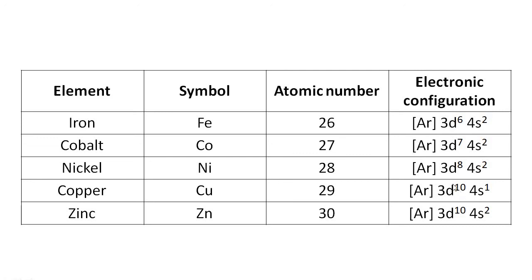That means completely filled orbitals show extra stability. Next, for zinc, atomic number 30, it has completely filled orbitals: argon 3d10 4s2. Two electrons enter the 4s orbital. All the electrons in the 3d orbitals are paired, thereby showing extra stability.